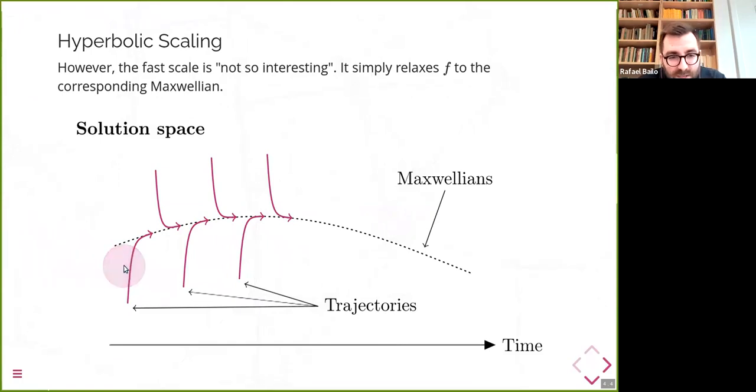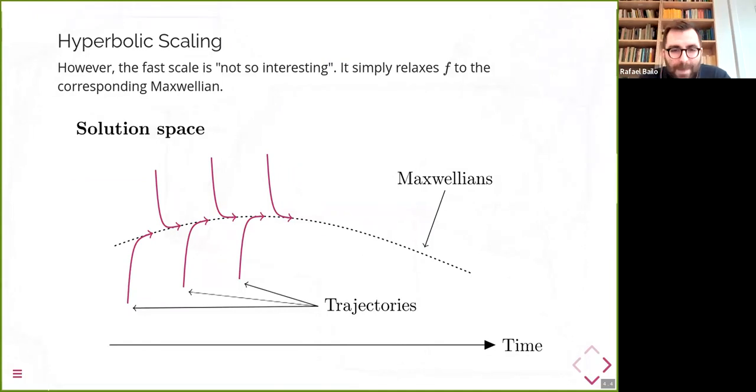There is a nice, interesting curve in the middle of the space, this family of Maxwellians, and the dynamics happen there. And if you happen to start away from that curve, Q just sandwiches you to this curve very fast. So the dynamic where you converge to the Maxwellians is very fast, and then the evolution on this manifold is very slow. And the slow evolution, which would be the evolution of the moments, that's the one we care about. We don't care so much about the relaxation.